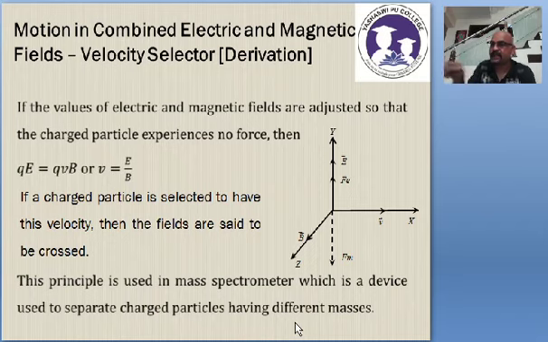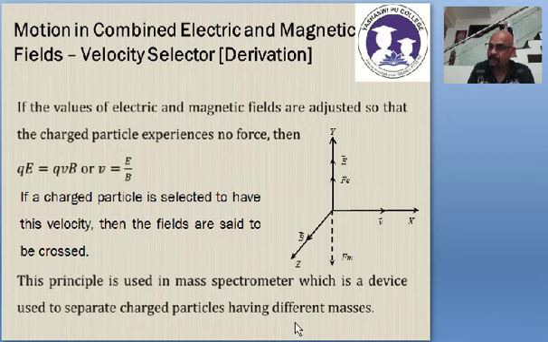Theta is 90, sin 90 is 1, so QVB. That magnetic force is perpendicular to both the magnetic field and velocity. Apply Fleming's left hand rule, and you will come to know that the magnetic force acts in the direction of the negative y-axis.